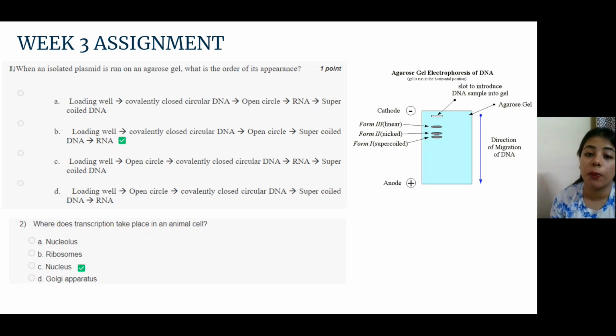The second is the open circle. Open circle can otherwise be considered to be nicked. You can imagine that plasmid DNA is a double-stranded structure. Therefore, if there is a cut in only one of the two DNA strands, then you don't expect the entire molecule to unfold, right?